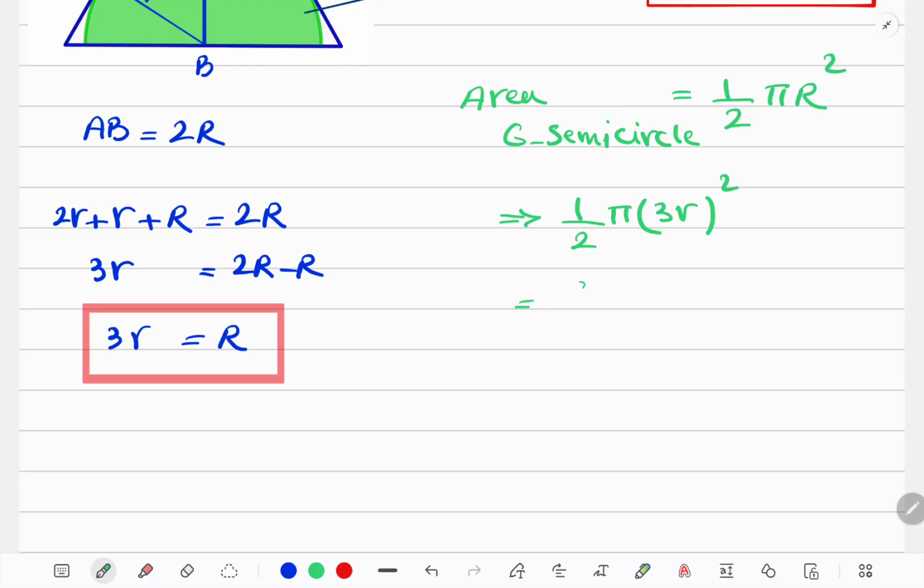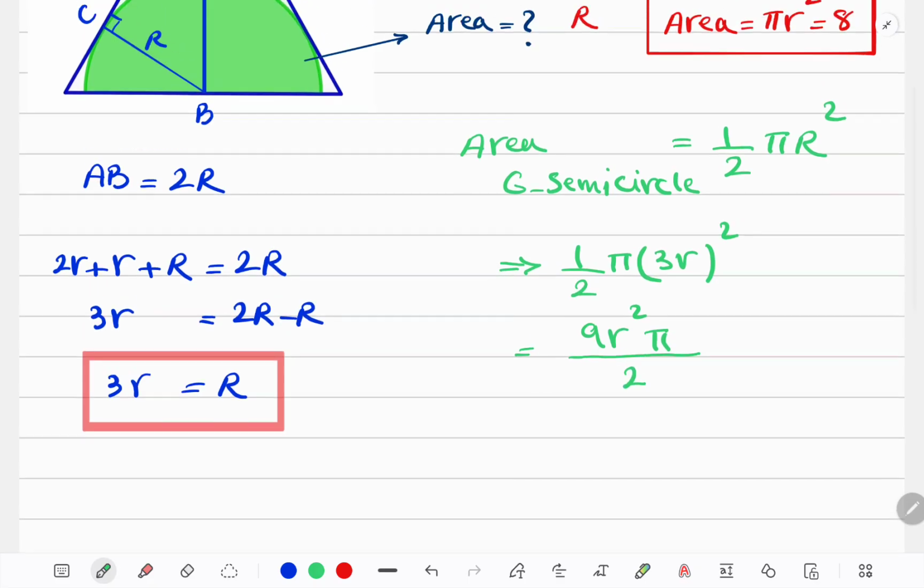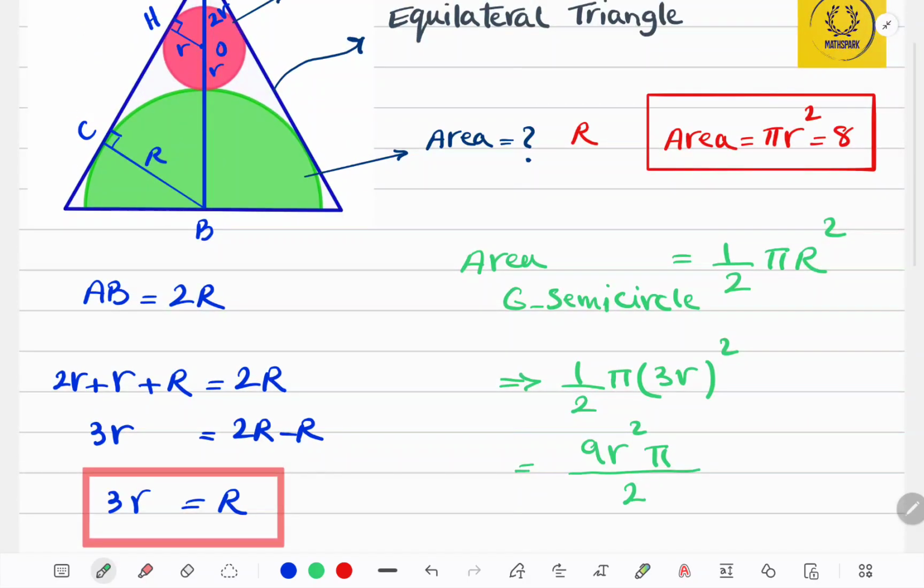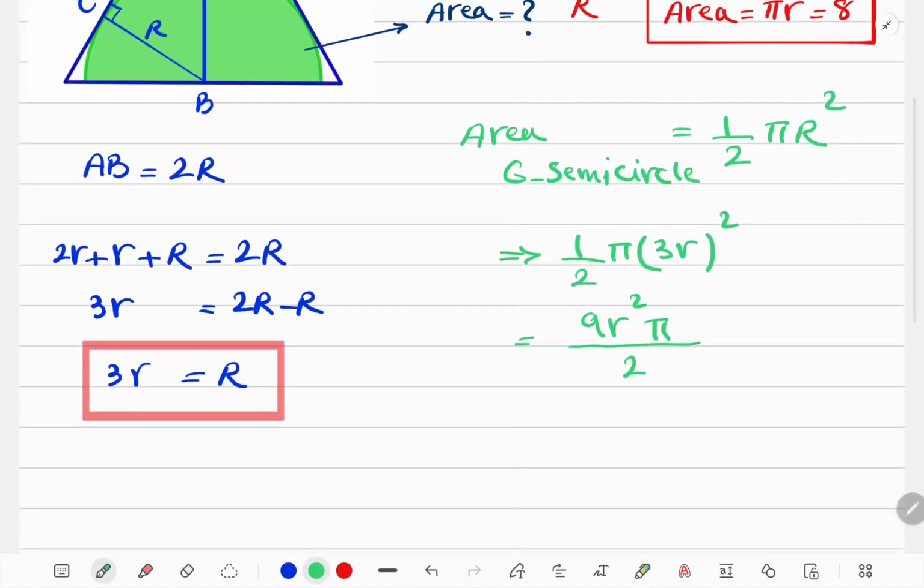So 9r squared, 9r squared, pi over 2. So we know that pi r squared we calculated before, which is 8. So instead of this one, I'm going to use 8. So 9 times 8 over 2.